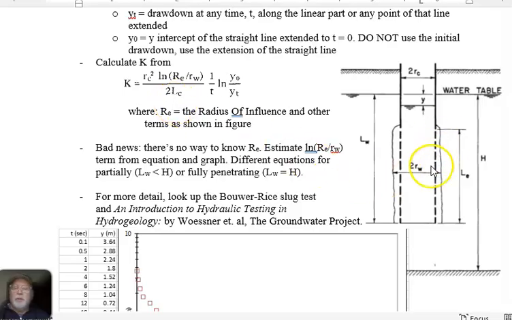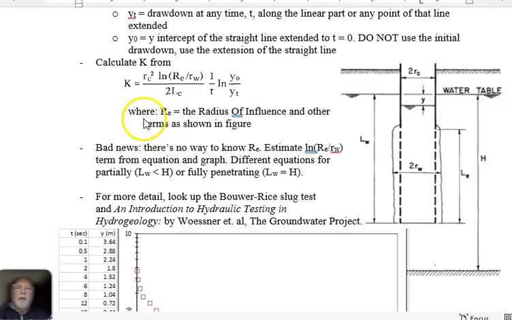Le is the screened interval of the well. So if you have a 5-foot screen, it's 5 feet. If a 10-foot screen, it's 10 feet. And then 1 over t, we'll pick t off there, times the log of 2 points, y0 over y at some later time.